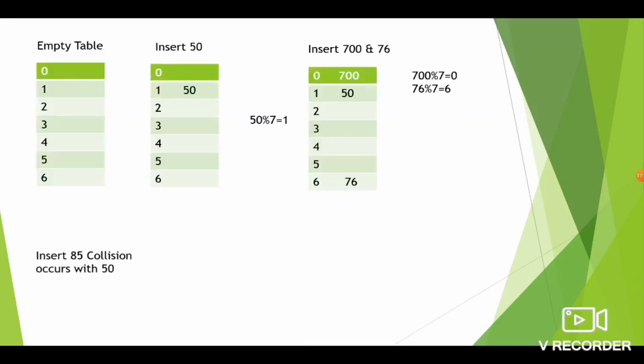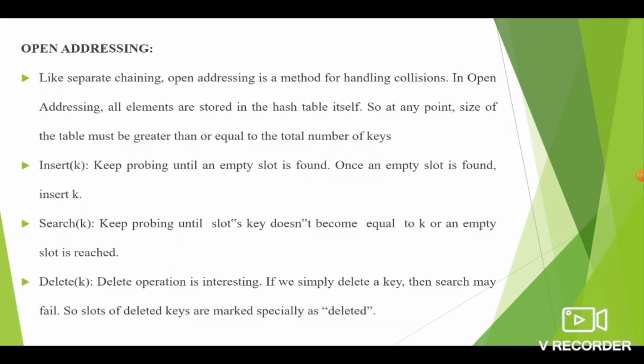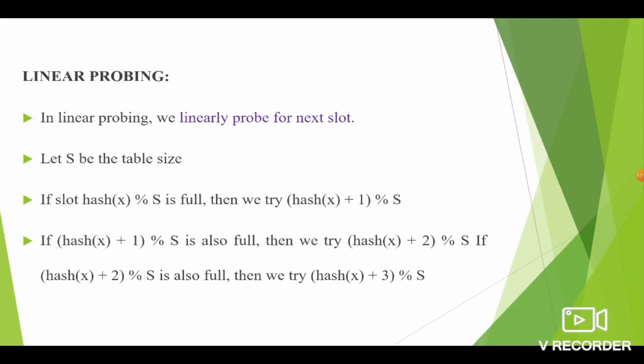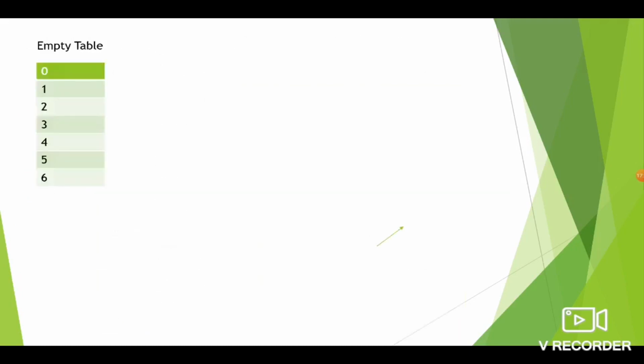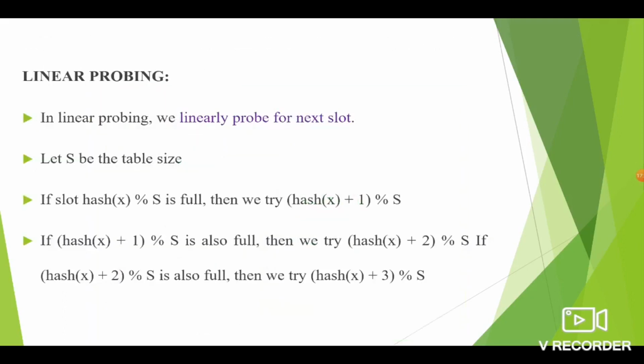In open addressing, we have two methods, linear probing and quadratic probing. What is linear probing? If a collision occurs at one index, then I have to go to the next slot, linearly probing for the next slot.